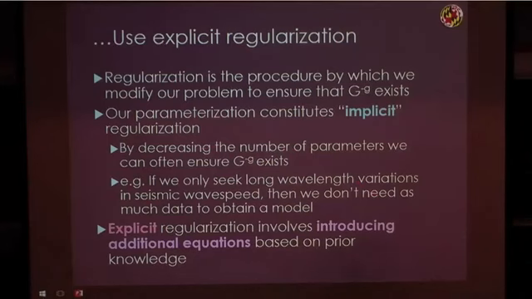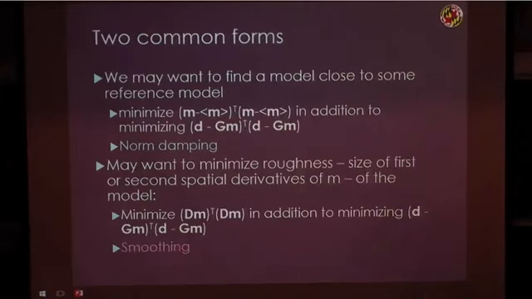However, sometimes you can't do that, or you choose not to. In that case, you have to explicitly fiddle with the problem by introducing additional equations. So you take the equations that you have, which form the relationship between data and model parameters, and then you just make up new equations. Literally, you write down other equations that you need. There are two common sets of new equations.